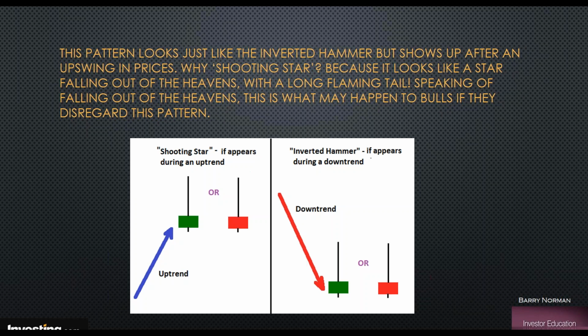So here we have price in an uptrend, and then we see the shooting star if it appears in an uptrend, and if it appears in a downtrend, it's just the reverse of the uptrend, and it's called an inverted hammer.